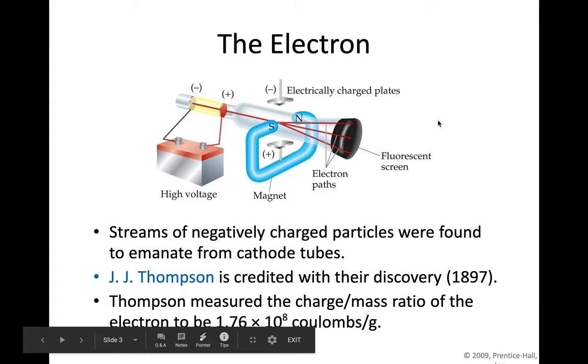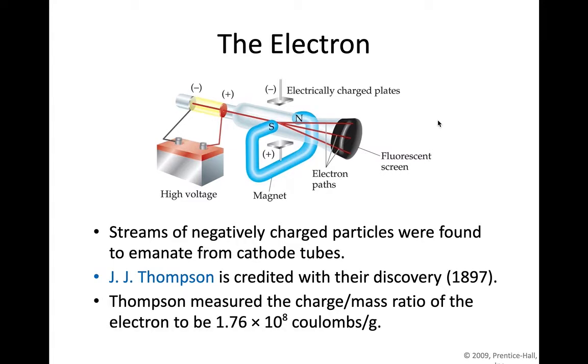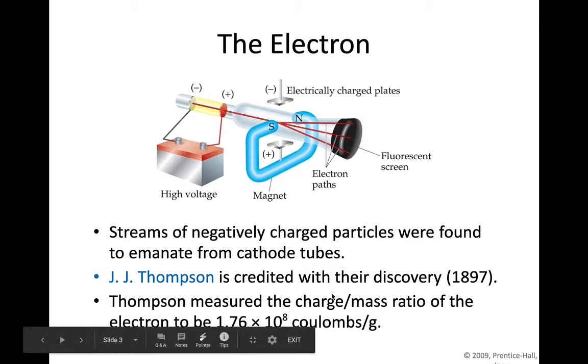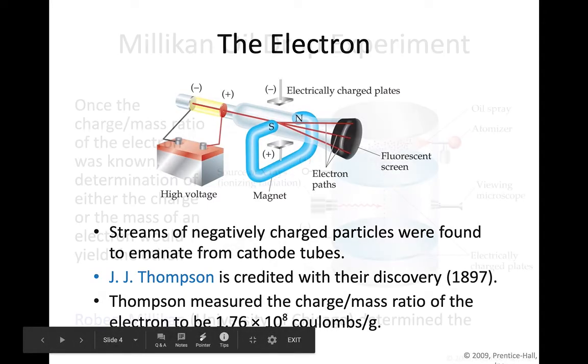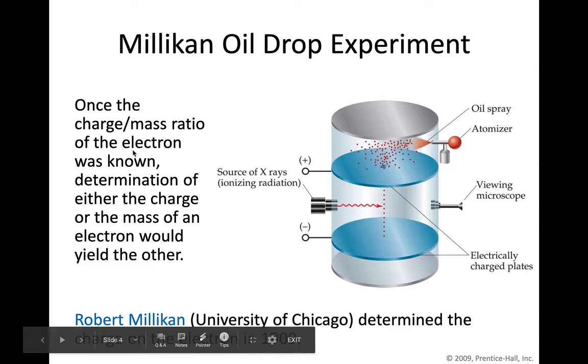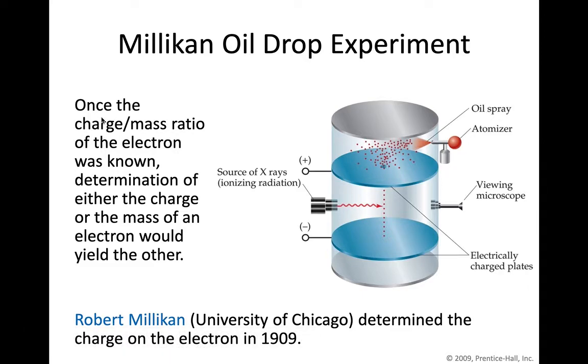So that was really useful. And once we had that charge to mass ratio, another scientist came along and realized that if we could measure either charge or mass, we could use that ratio to calculate the other. So the next famous experiment was Millikan's oil drop experiment, performed by Robert Millikan.